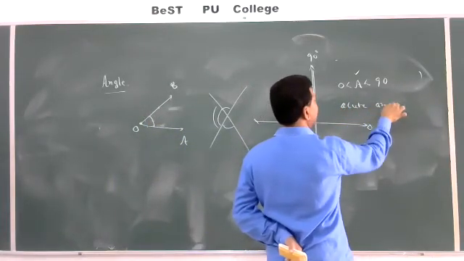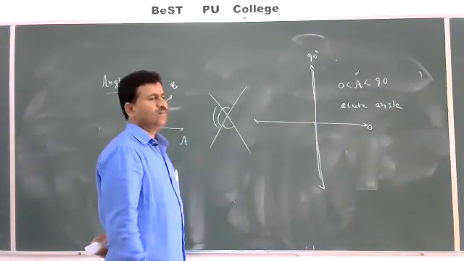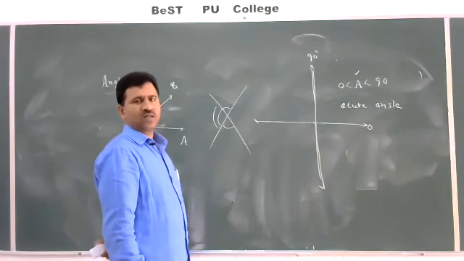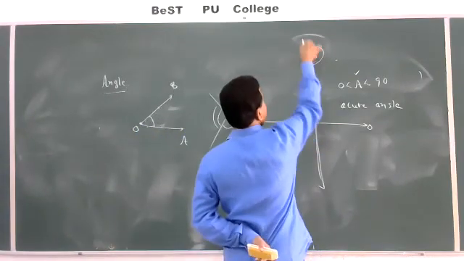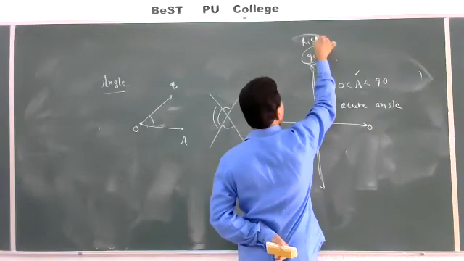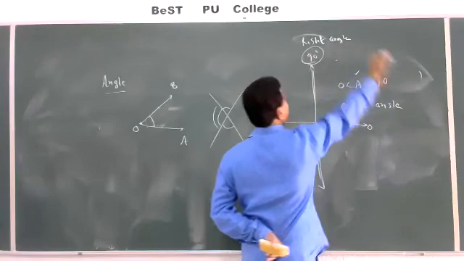First note down a diagram, afterwards we'll define. 90 degrees is called a right angle. Only 90 degrees is called a right angle.